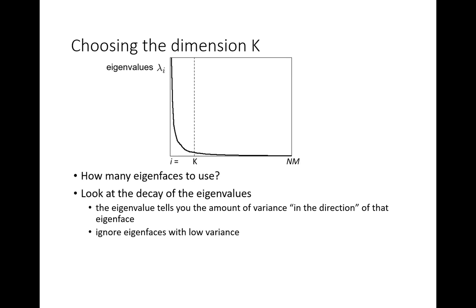Up to the knee point, you can keep all the eigenvalues and eigenvectors and throw away the rest of them. Or you can look at the ratio of the sum of eigenvalues that you're discarding divided by the sum of all the eigenvalues, and that tells you how much error you are introducing. So that's what is shown in this slide.